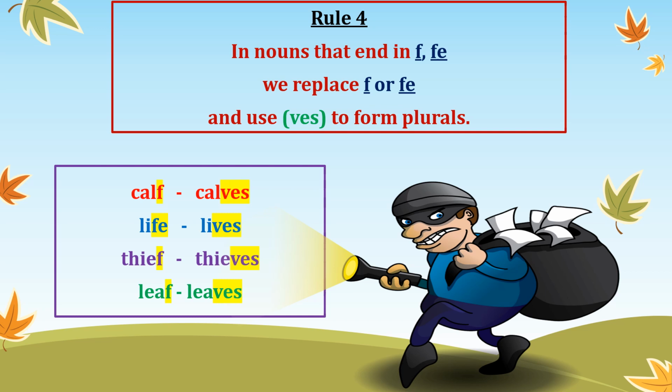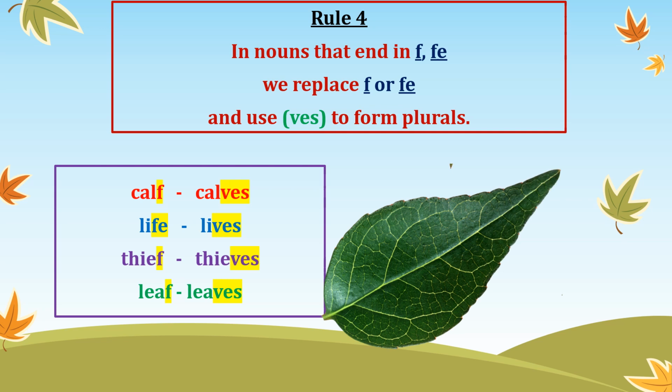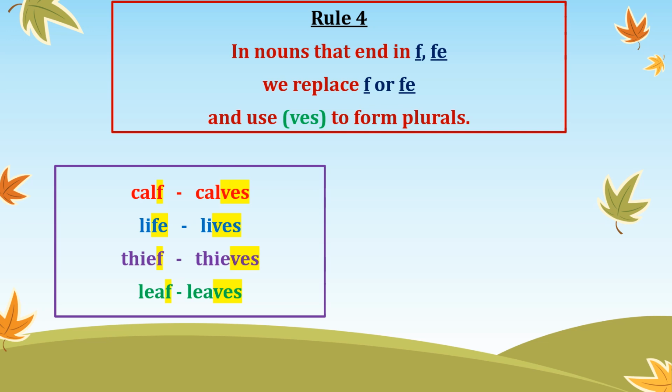And the last one here is leaf. Cut F and use VES and your plural will become leaves. So it's easy enough. Rule number 4 says cut F or FE that is there in the end and use VES and your singular will change to plural.